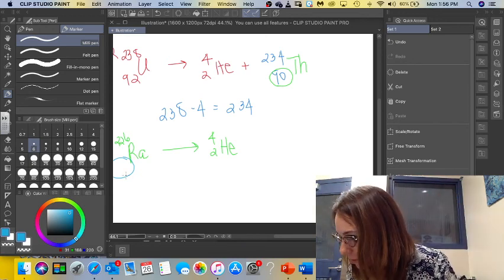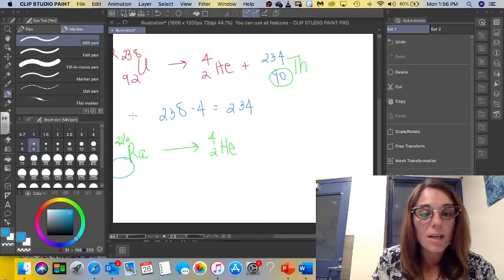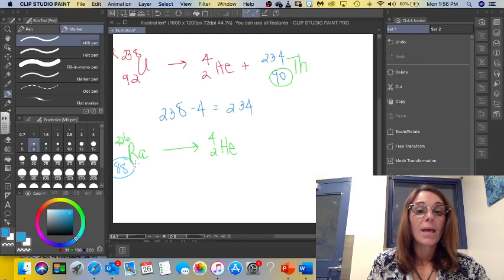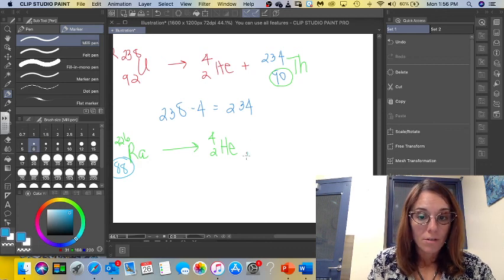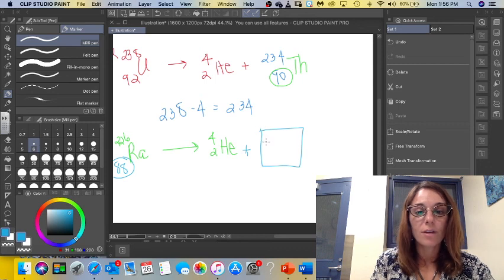If you look on your periodic table, radium is element number 88, so I will throw that in there. Now I just need to make sure that whatever is left over adds up to what I have. So I've got 226 minus 4. That gives me 222. And then I have 88 minus 2, which is 86.